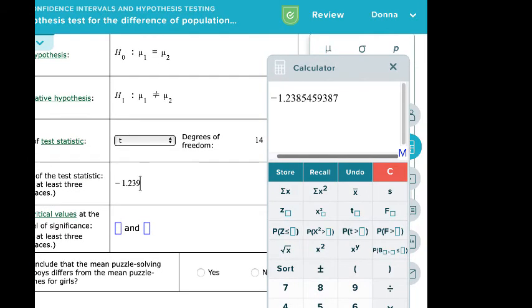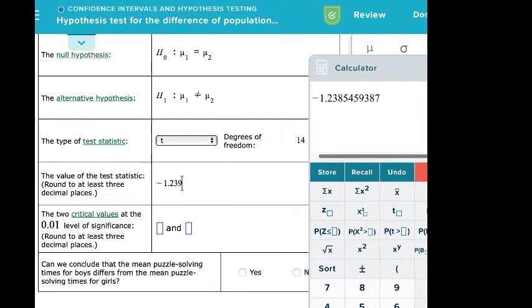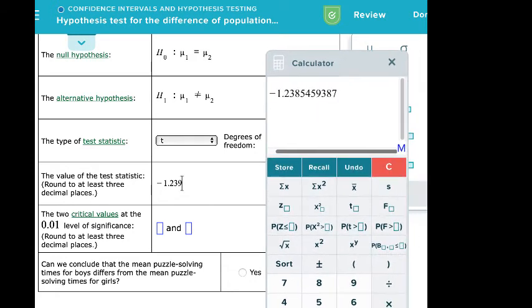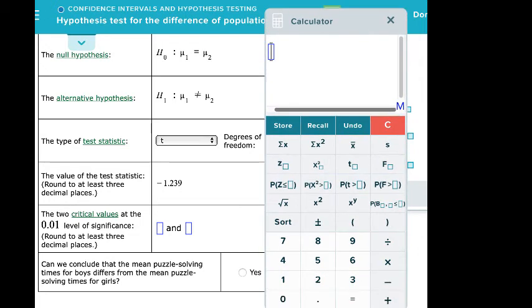In this problem, they're asking us to find the 2 critical values at the 0.01 level of significance. We're going to split the 0.01 between two sides, because with a two-tailed test there are two ways you could be different: to the left of negative 1.239, or to the right of positive 1.239.